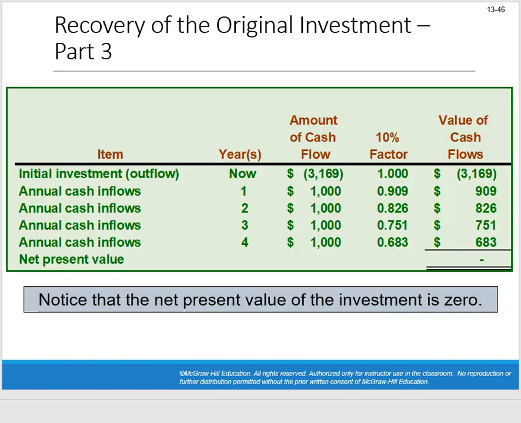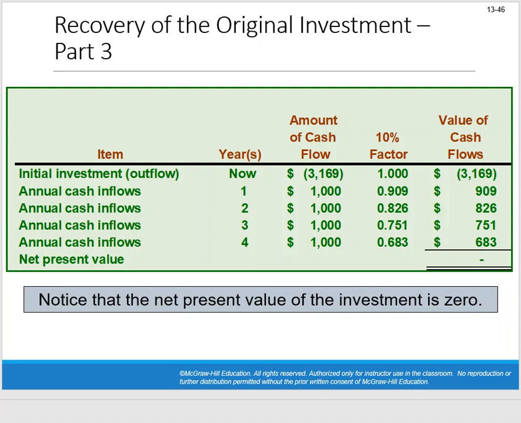So how do we do this? So we have our initial investment now, $3,169, and that's now. So our factor is just 1, and it's $3,169 outflow. Then we have our cash inflows each year for 4 years. Now, they went to the present value of 1, and they treated it like it was only happening one time.